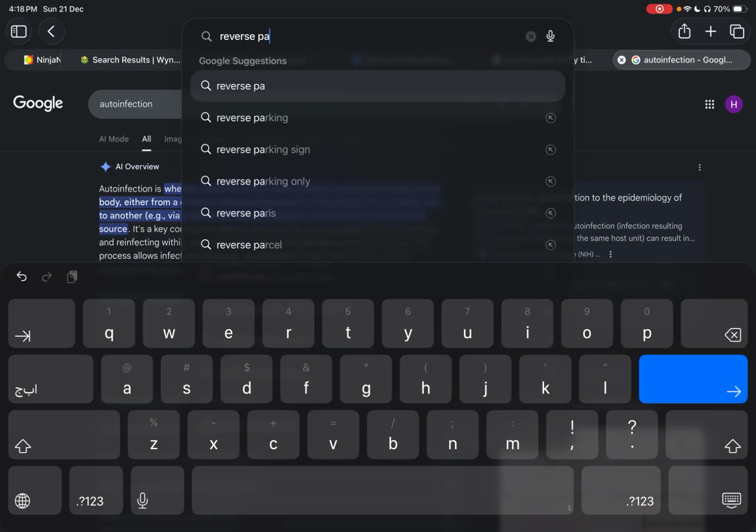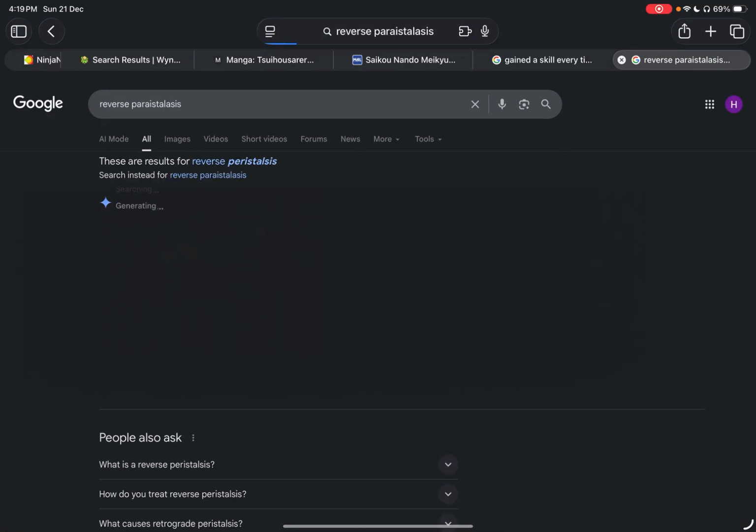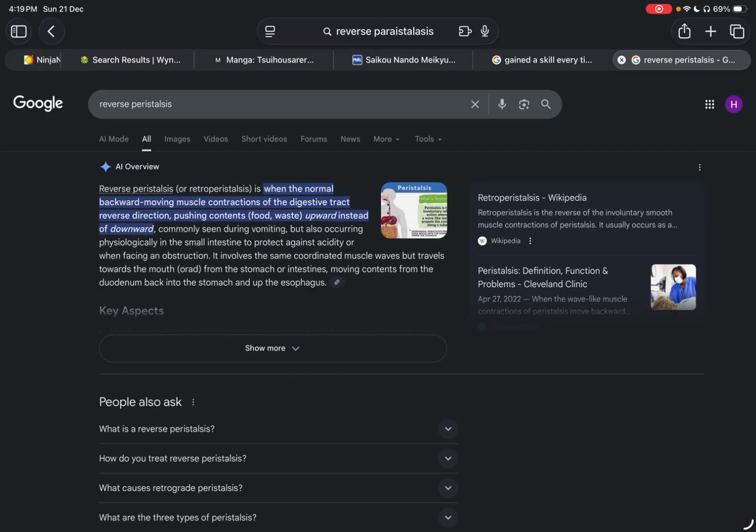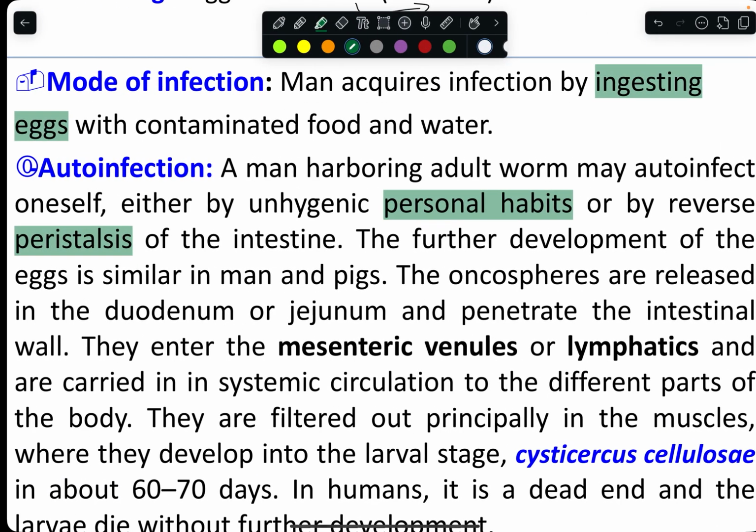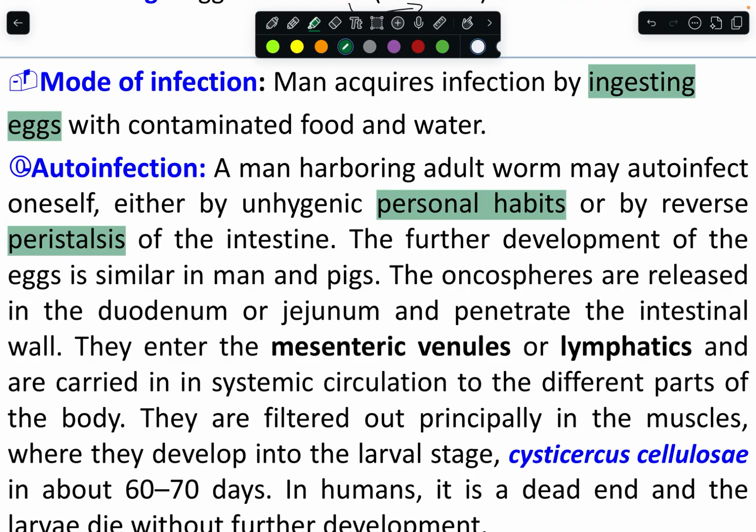Reverse peristalsis is when the normal muscle contraction of the digestive tract reverses direction, rushing contents, food, upward instead of downward. Okay, I could have guessed that. Okay, so uncontrollable.